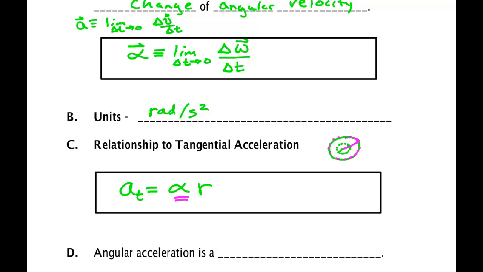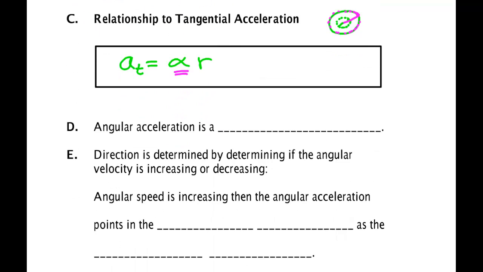Angular acceleration is a vector. Just like regular acceleration is a vector, it has some direction. A while back we had cars, and the cars would have a velocity like this, and they'd be speeding up maybe. If they were speeding up, the acceleration vector would point in the same direction as the velocity.